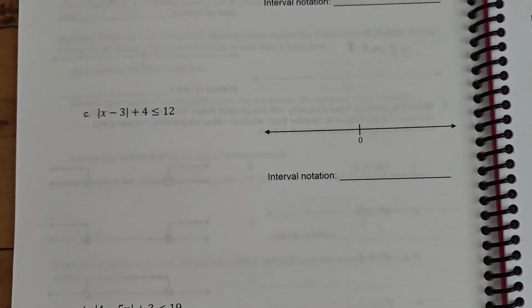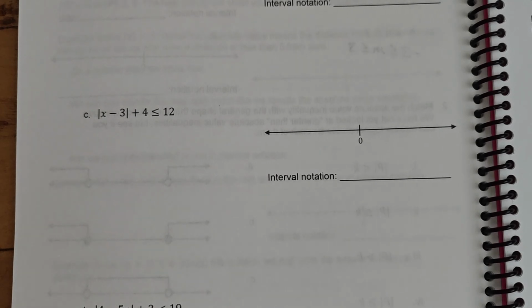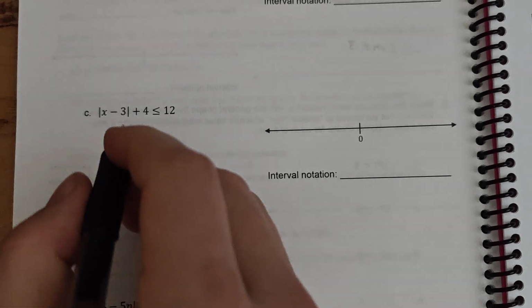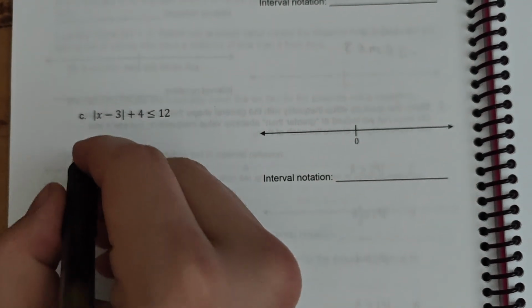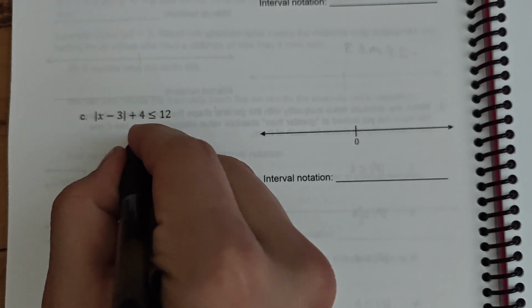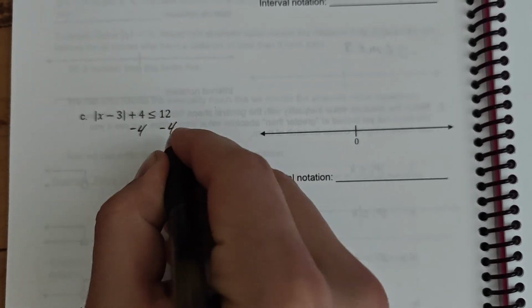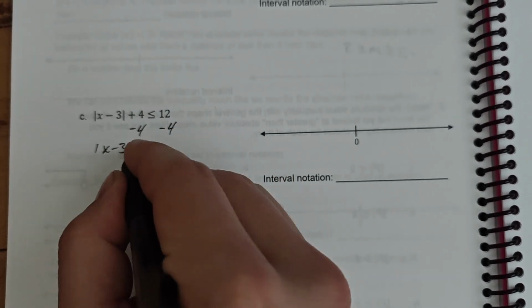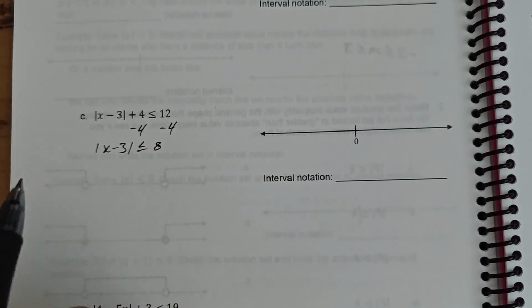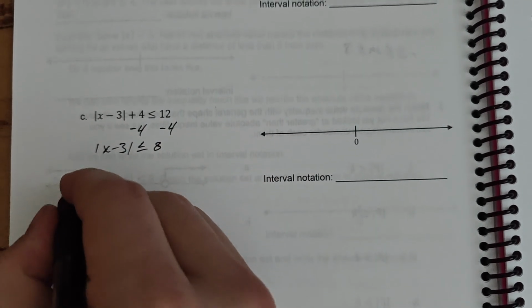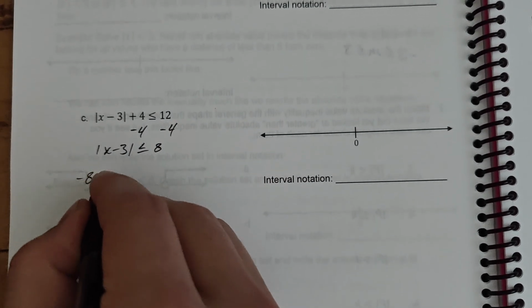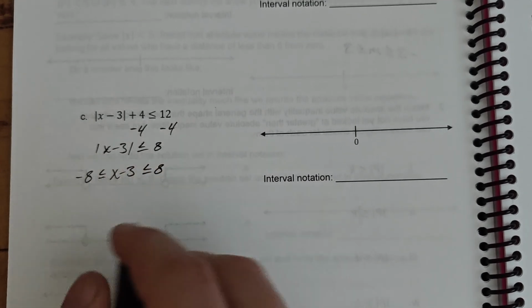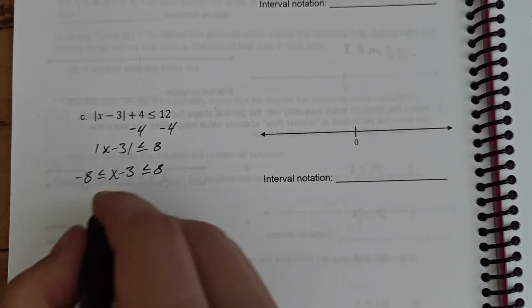Additionally, just like with the absolute value equalities, we can only break them up when we only have the absolute value on one side. So something like this, we would have to begin by subtracting 4 from both sides. And at this point, we can now break it up into the negative and the positive version. And then solve it.